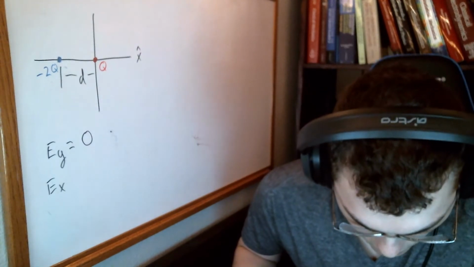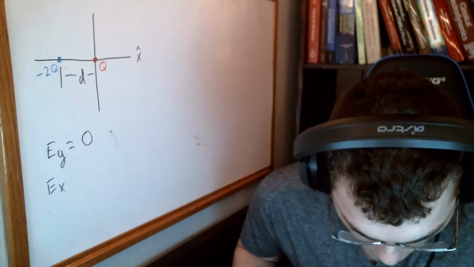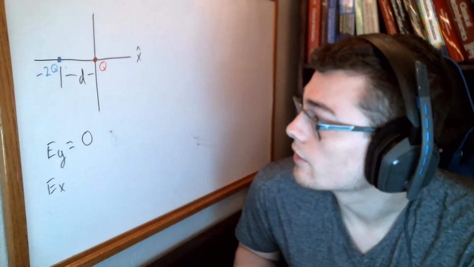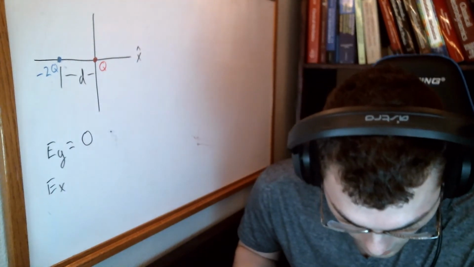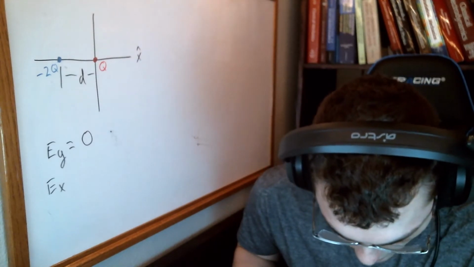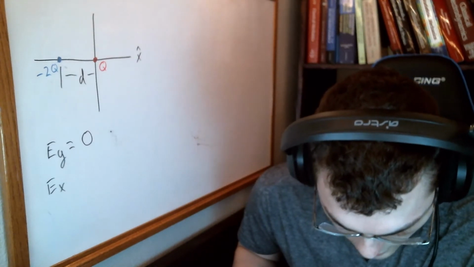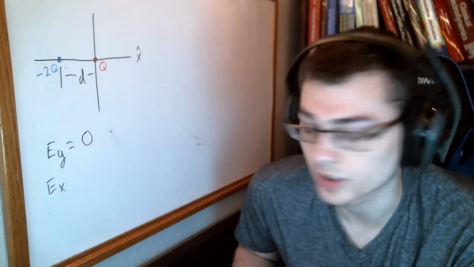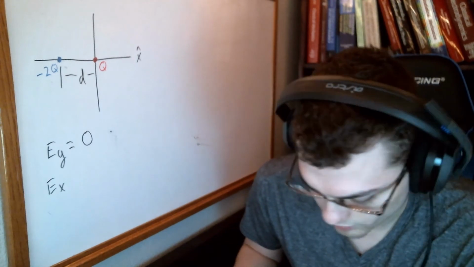Okay, so there are going to be 2 places where this field is equal to 0, and since there are 2, we can rationalize that we're going to have to use the quadratic formula here somewhere.